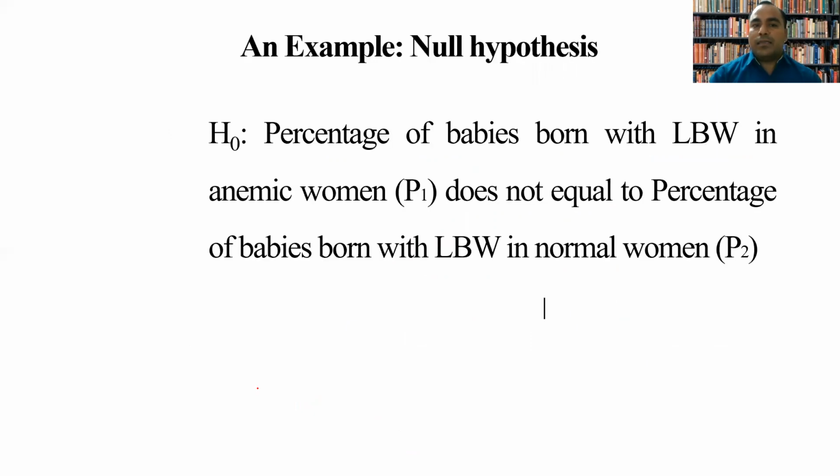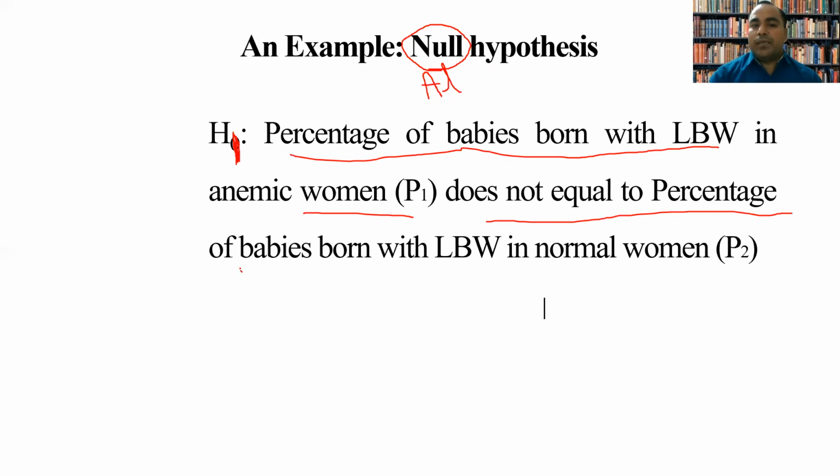Now we have another example. Again, this notation would be H1 because we are talking about the alternative hypothesis. Always remember, whenever you are talking about the alternative hypothesis example, what is written here as null hypothesis is a typo. Alternative hypothesis example: percentage of babies born with low birth weight in anemic women does not equal percentage of babies born with low birth weight in normal women.